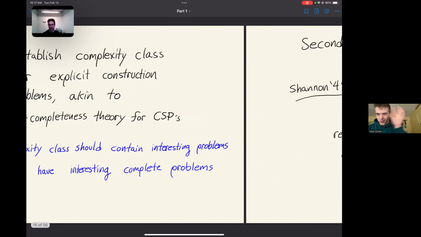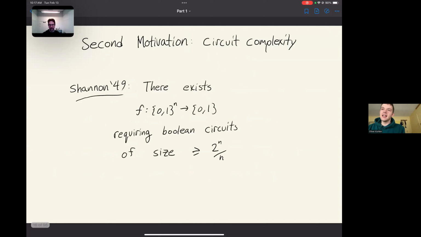So just before I start to define this more formally, a second motivation for this, beyond specific algorithmic applications where we'd like to have better constructions of expander graphs or error correcting codes and these concrete combinatorial objects, comes from circuit complexity and the theory of lower bounds. This came after Erdős's paper and is the second major historic example of the probabilistic method.